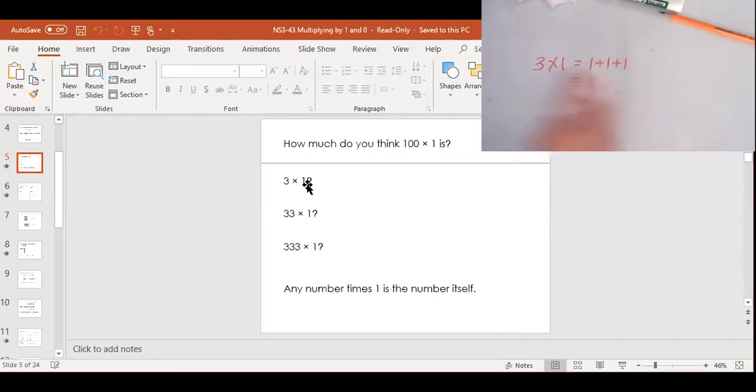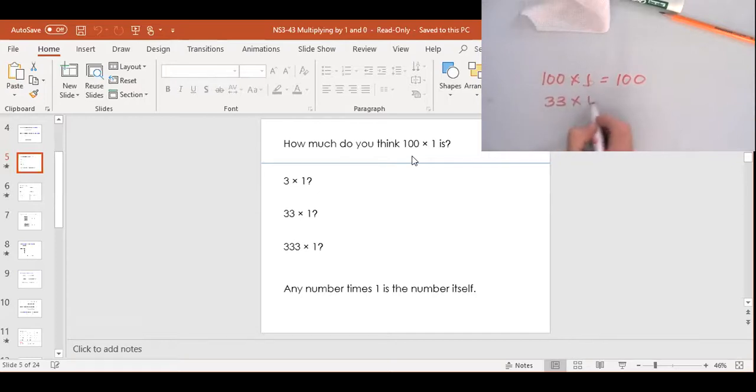That's not too hard. But what happens if the question is 100 groups of 1? Am I going to do 100? No, but I can just know anything times 1, the number stays the same. So 100 groups of 1 is 100.